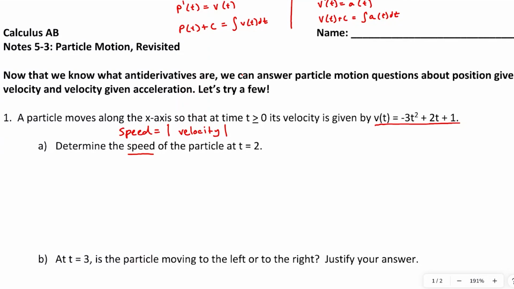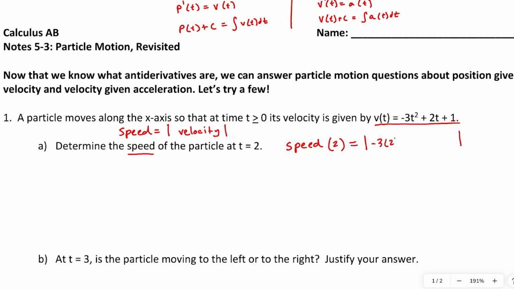So at time equals 2, we're going to find the velocity and then take the absolute value of whatever we get. I'll write it using function notation. The speed at t equals 2 is going to be the absolute value of that function right above, but I'm going to substitute in 2.